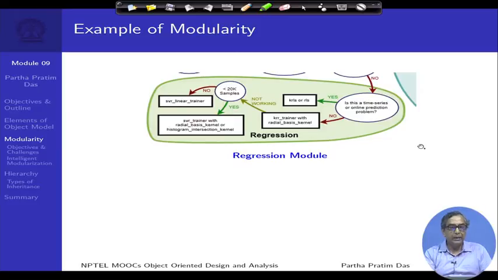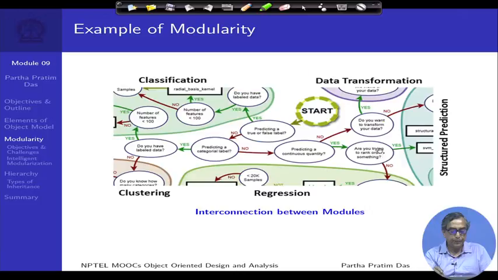And then there is a regression module, which checks, based on the different test cases, whether the data has been correctly classified or the classification has actually regressed, in that there are some errors in the classification.